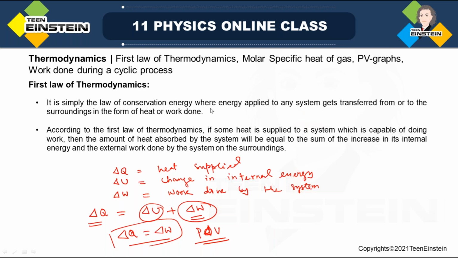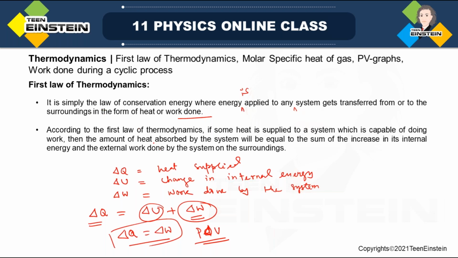So it is simply the law of conservation of energy, where energy is applied to any system and gets transferred from or to the surroundings in the form of heat or work done. So this is briefly about the first law of thermodynamics.